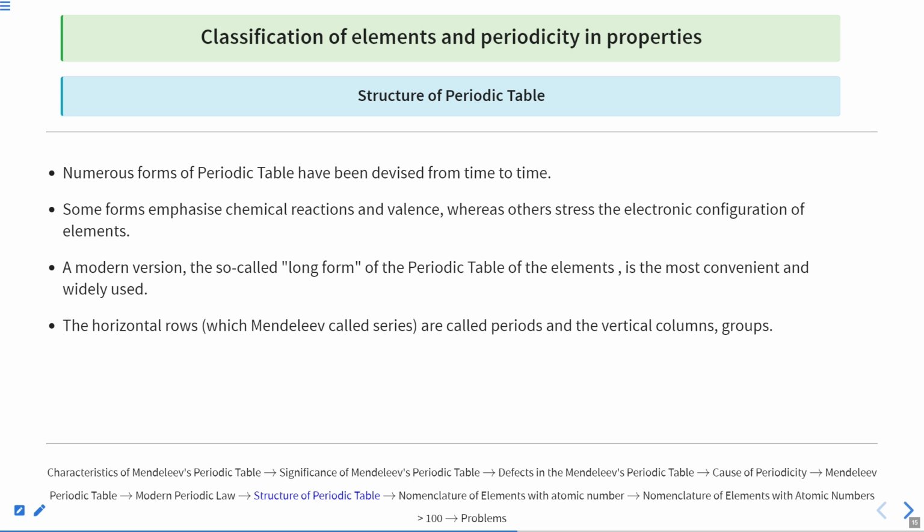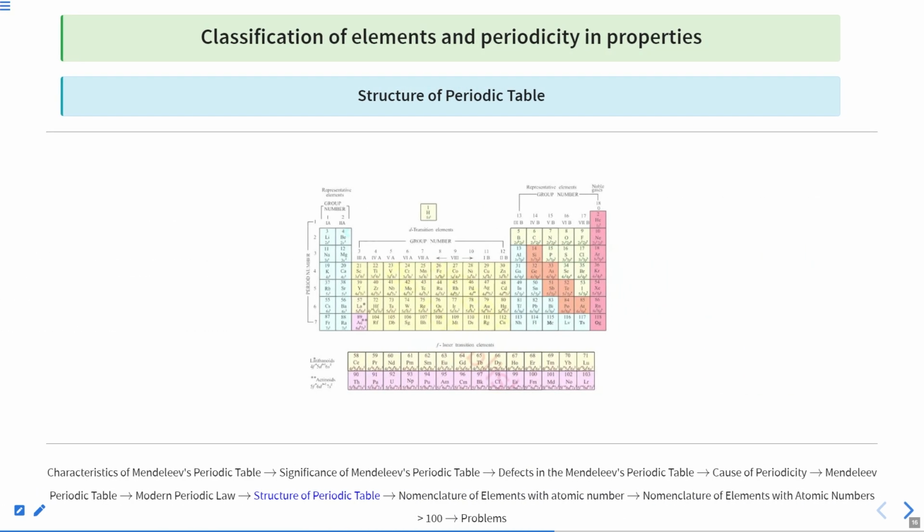The horizontal rows, which Mendeleev called series, are now called periods, and the vertical columns are still called groups. So this is the modern periodic table that we have. Here you see the groups 1A, 2A, 3A. Nowadays they are not called 1A, 2A.